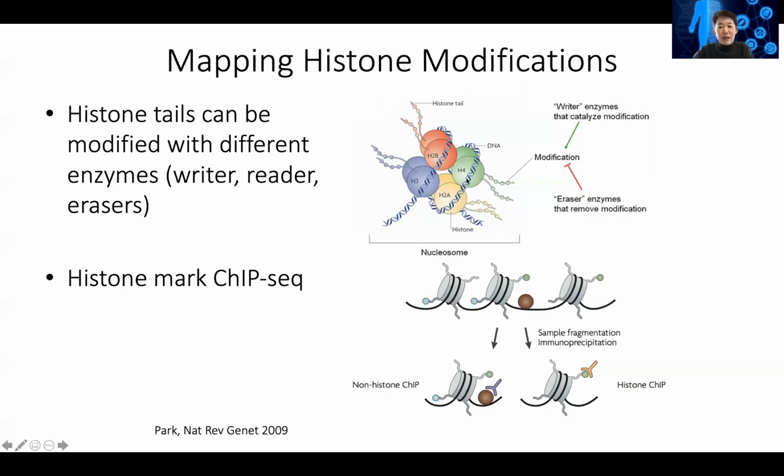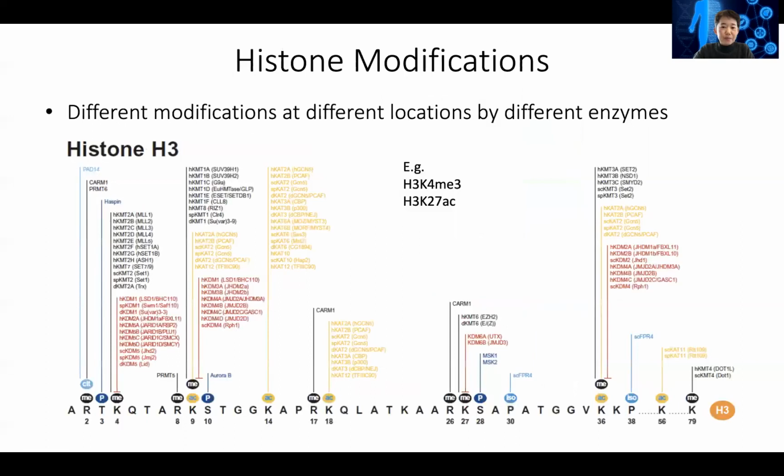In the genome, these little marks can be added by writers, removed by erasers, and also read by histone mark readers. Depending on the location, there are also different marks. This is just one example. There are modifications also on H2 and H4, but this is just one example, histone H3.